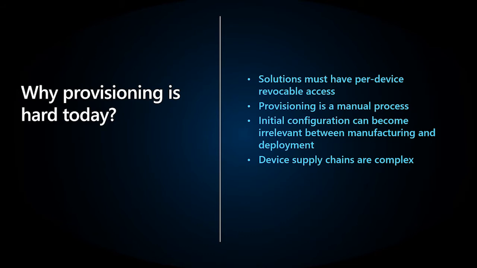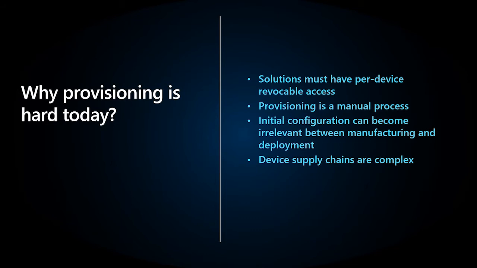Lots of times provisioning is a manual process, so you have a developer who's updating the firmware or provisioning one device at a time, provisioning the next device, and it can start to be a very tedious but also very manual process that could take a really long time, especially if you have thousands of devices.